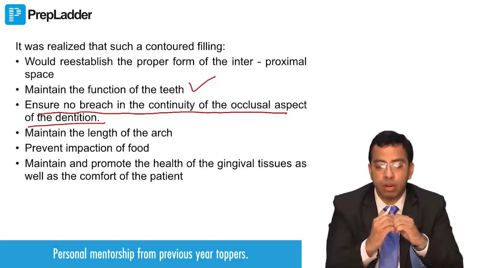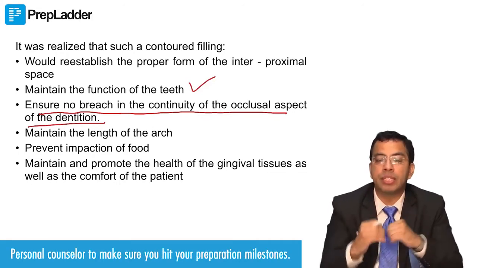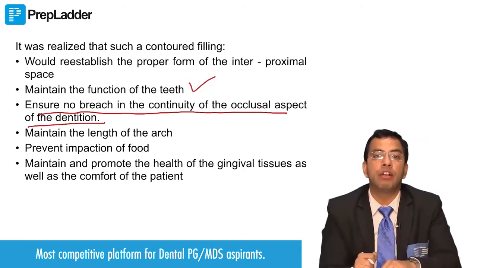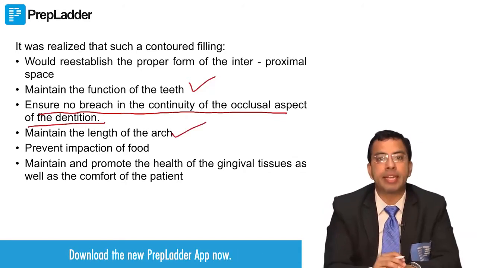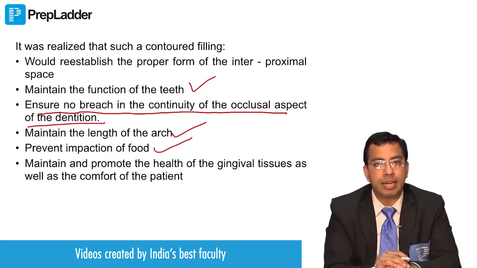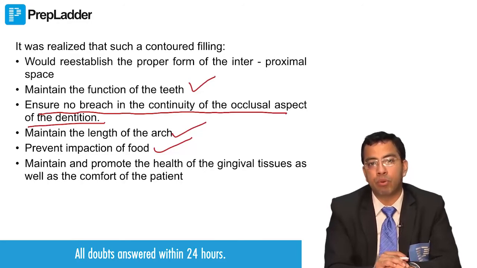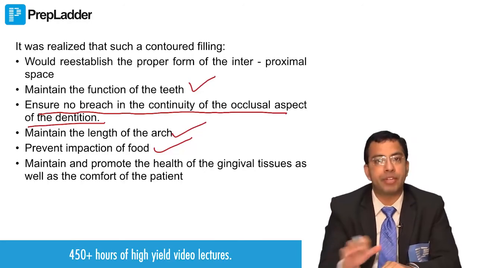Because if they are not in contact and there is a gap between the two teeth, that would lead to vertical food lodgement. And by doing this, it would maintain the length of the arch, it would prevent food impaction, and it would maintain and promote the health of the gingival tissue as well as comfort to the patient.